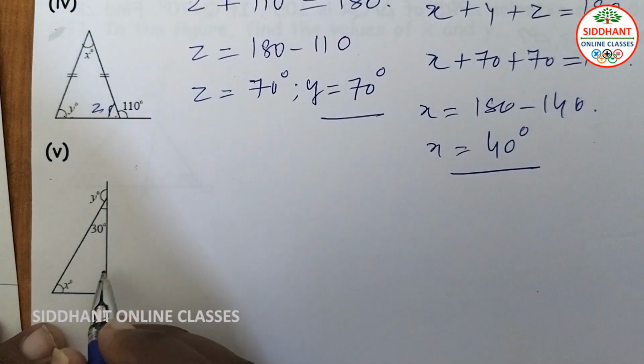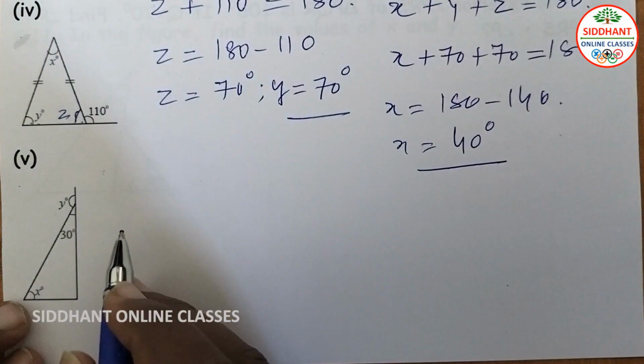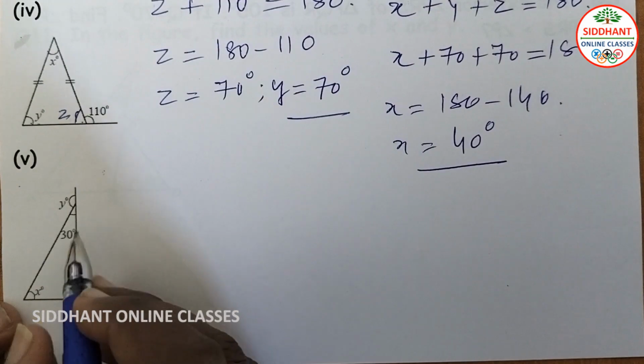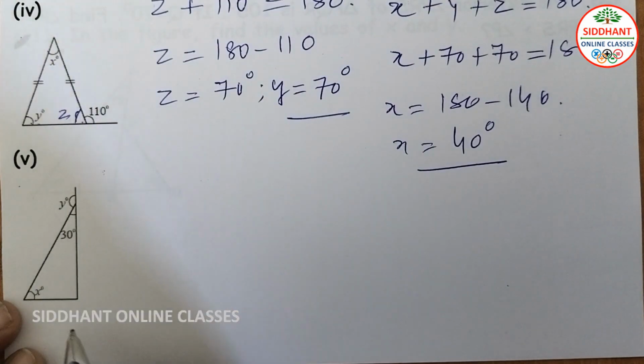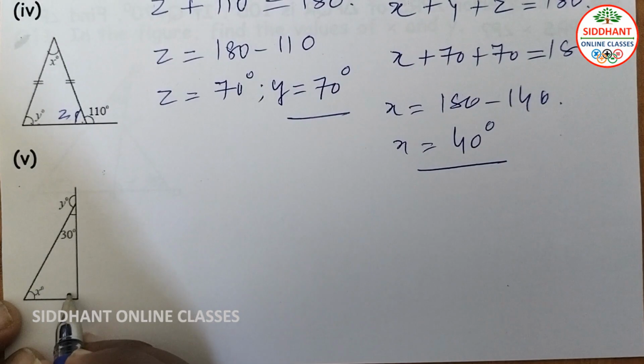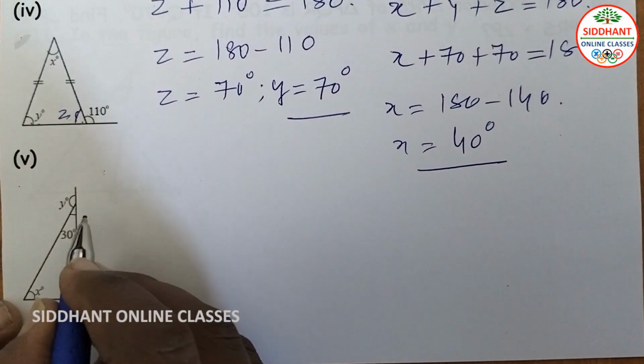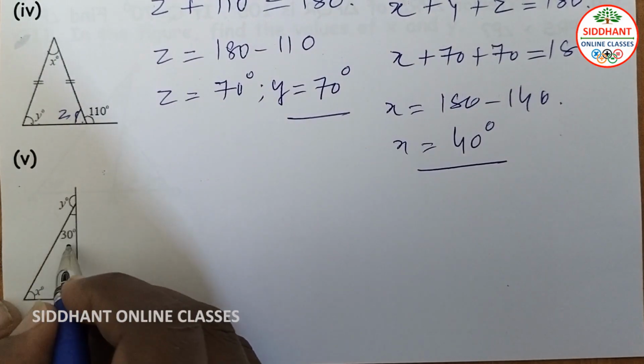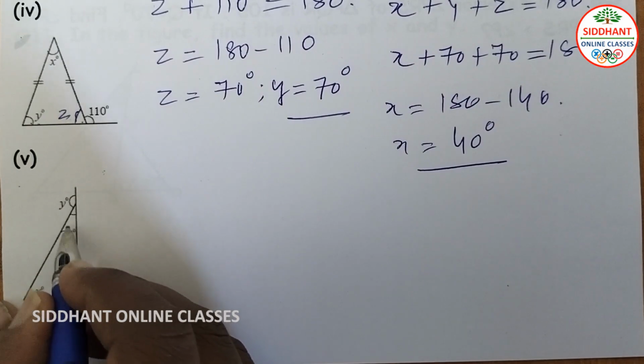Next, fifth one. In this figure, we are going to find out the y value and the x value. The data given here is 30 degrees, and this is a right angle triangle. That means this is 90 degrees. Now y and 30 are linear pair angles.